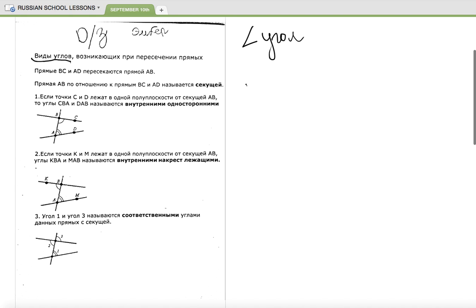So, вот прямые линии, две прямые линии, и одна линия пересекает две линии, crossing two lines. Это линия 1, а вот это линия 2. И вот эта линия 3.